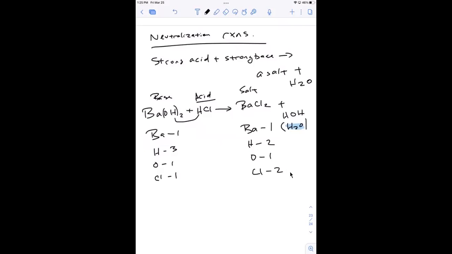All right. So what do you want to balance first? You want to balance the hydrogens, or do you want to balance the chlorines? Maybe the chlorines. How are you going to balance it?